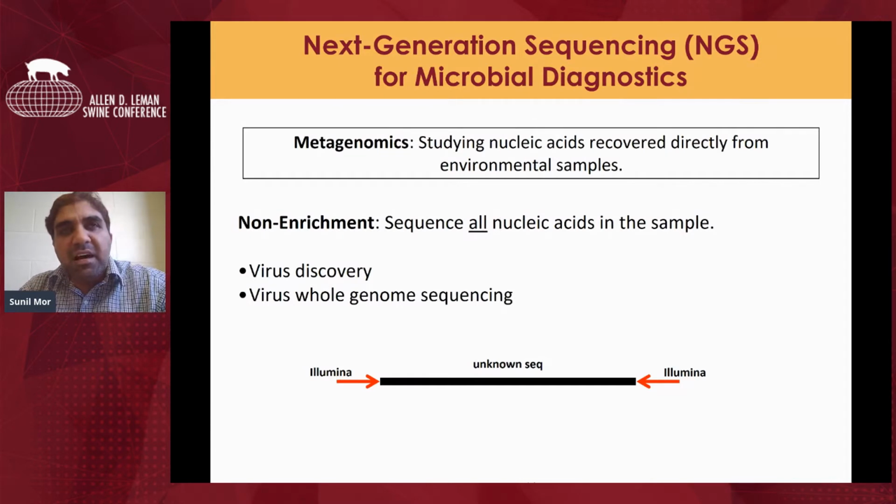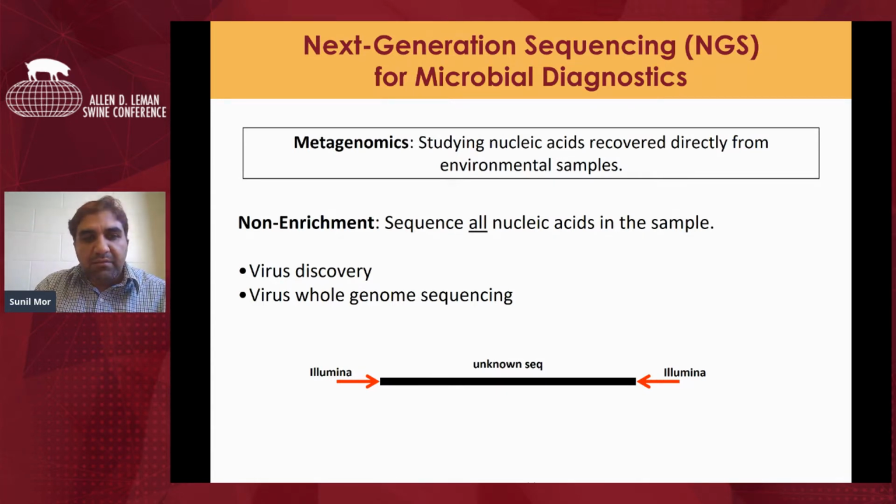The second method is non-enrichment, or non-targeted, or unbiased amplification of whatever is present in the sample. So that's what it comes to for virus or pathogen discovery or disease investigation, where we do not have any prior information about the pathogen present in the sample.